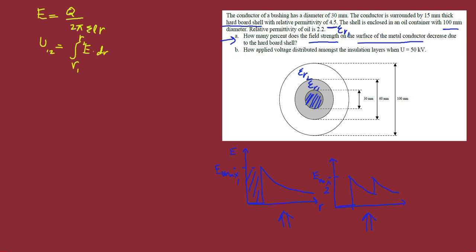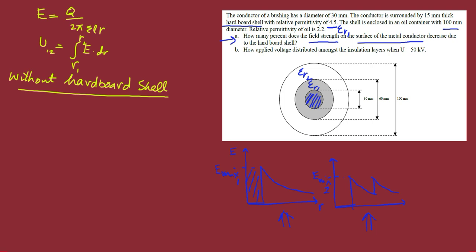Let's start first without the hardboard shell. Without the hardboard shell, we will have only the conductor, surrounded by oil with relative permittivity epsilon r2. In this case, our inner radius will be 30 divided by 2, so 15 millimeter, and the outer radius will be 50 millimeter.